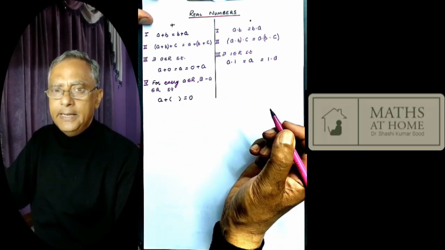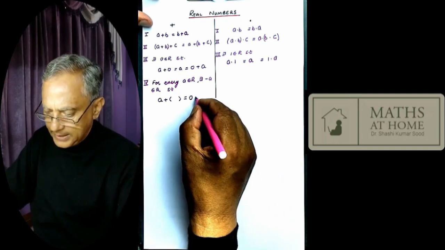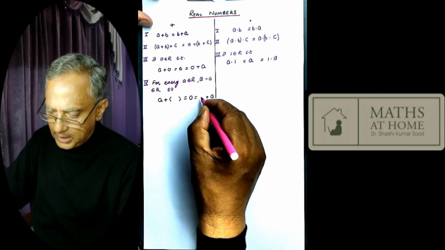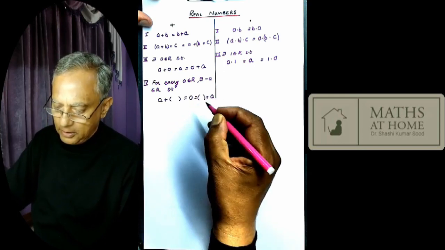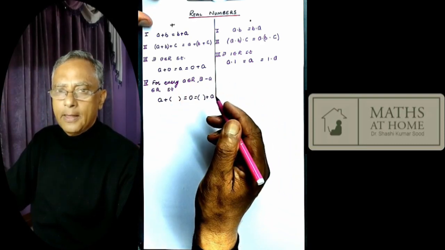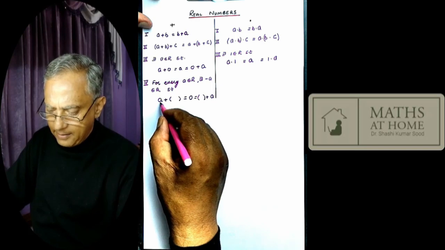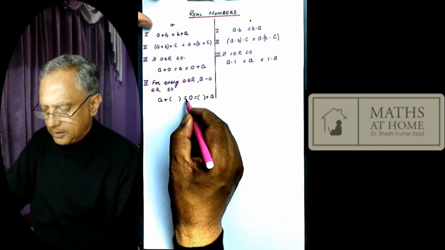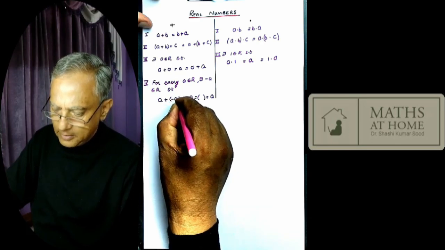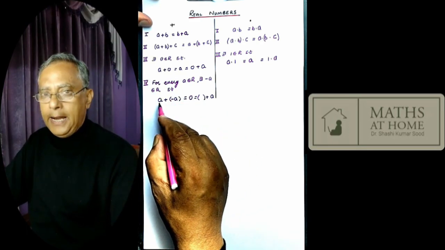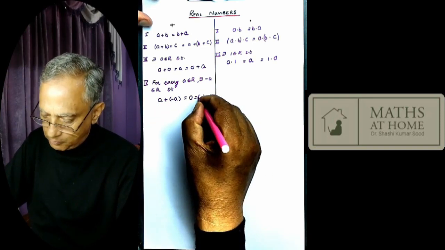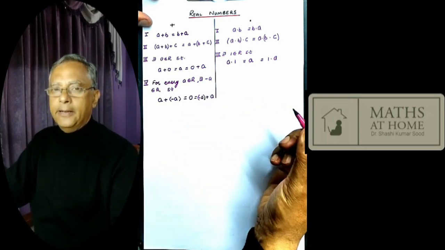Additive identity is 0. So what is that number which when added to A gives us identity from right as well as from left? So what should be added to A? Minus A. If we add minus A to A, we will get identity, that is 0. So minus A is the additive inverse.